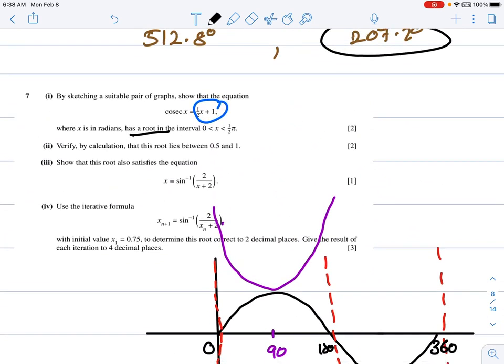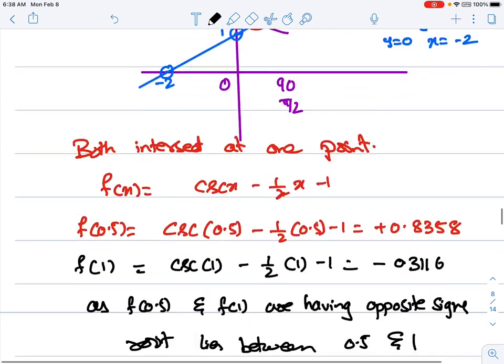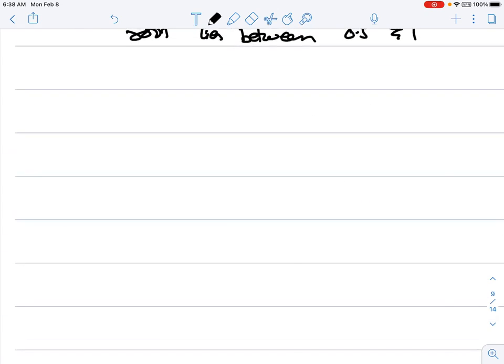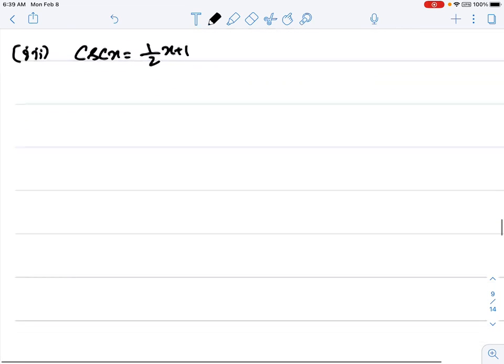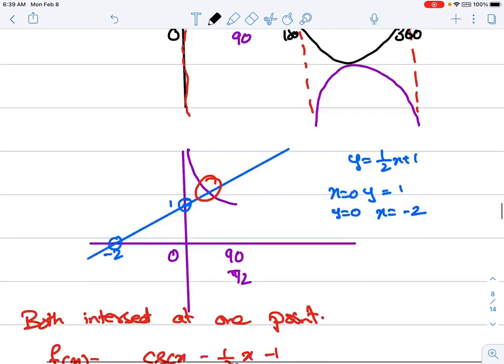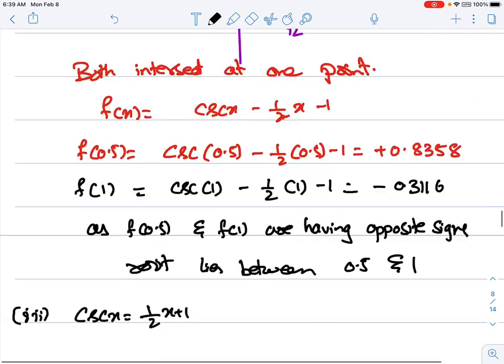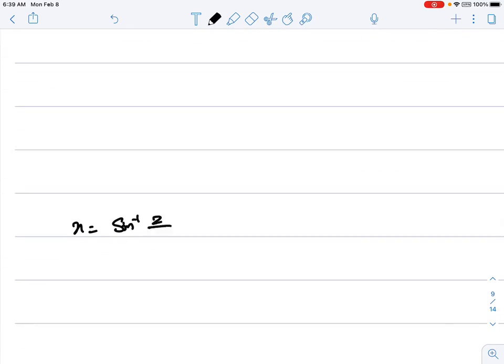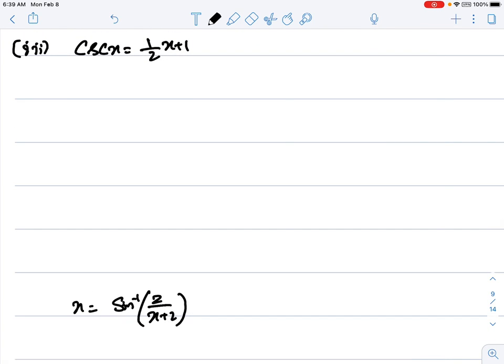Next part: show that this root also satisfies the equation x is equal to sine inverse of 2 by x plus 2. So for part 3, it has been given cosecant x is equal to half x plus 1, and we are asked to prove x is equal to sine inverse 2 by x plus 2. We don't know how to do that directly, so I'm going to use a bottom up approach. Bottom up approach means go backwards.